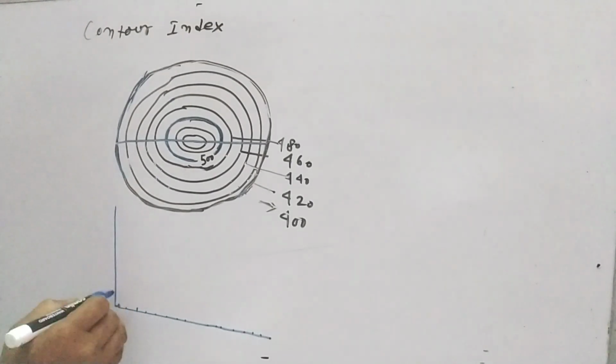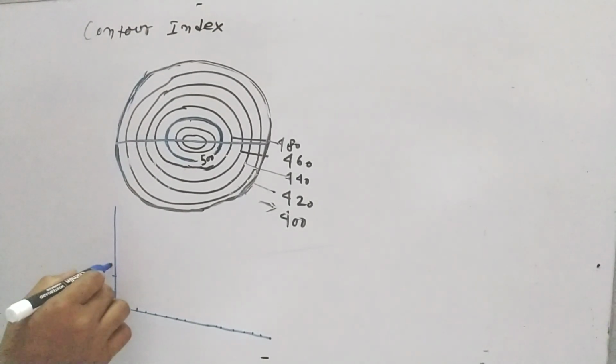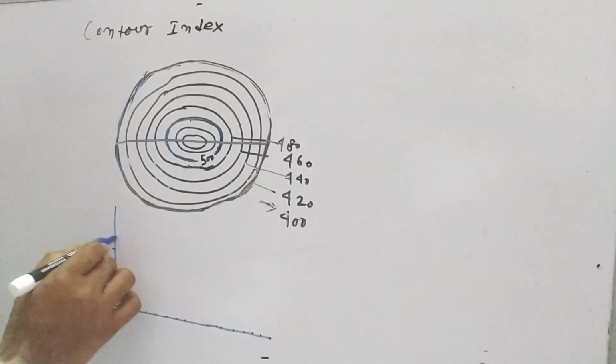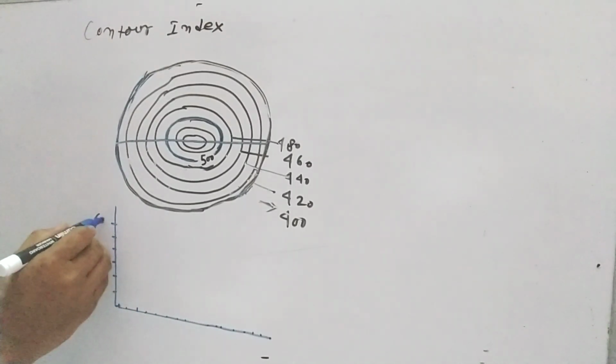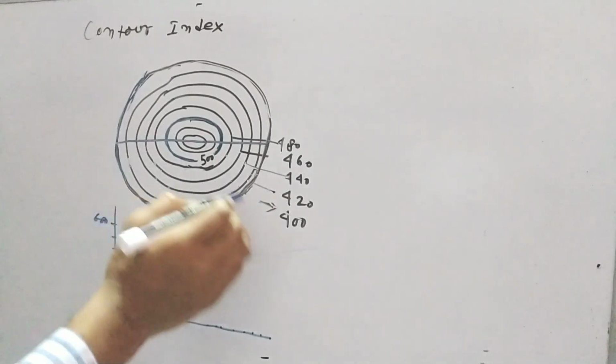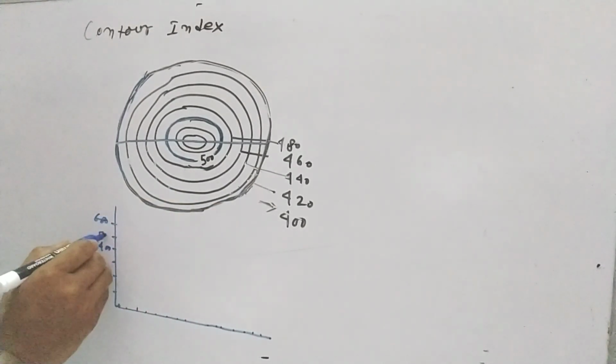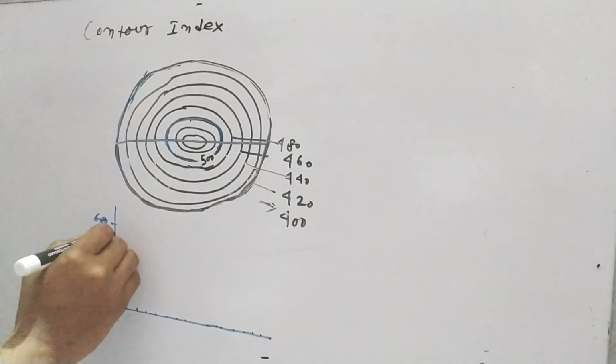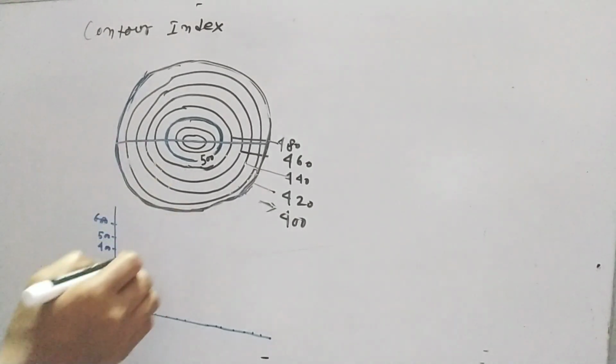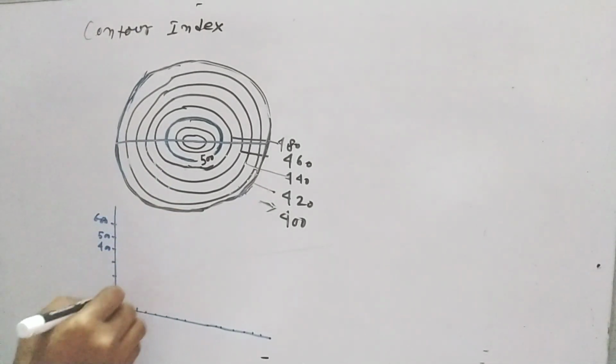You can take about 100, 200, 300, 400, 500 and 600. So the lowest value 400, 500, right?